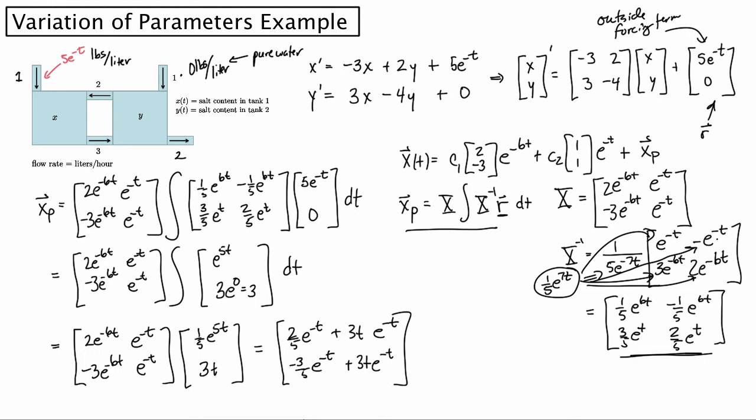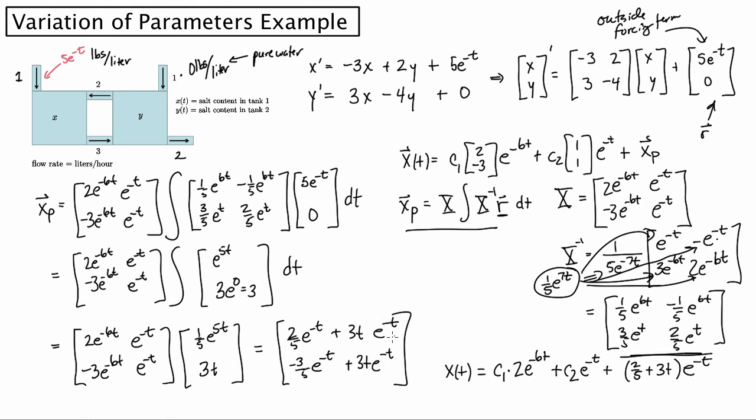So what is our final answer? Well, the salt content in tank X varies according to, I'm just going to read across the top component here, c1 times 2 e to the negative 6t plus c2 e to the negative t plus the top component of xp, which is best written as 2/5 plus 3t, e to the negative t.